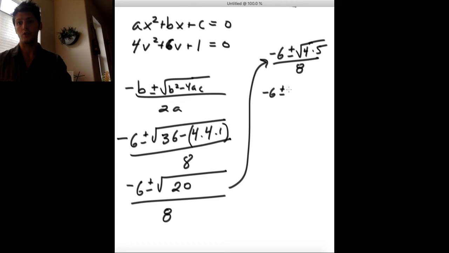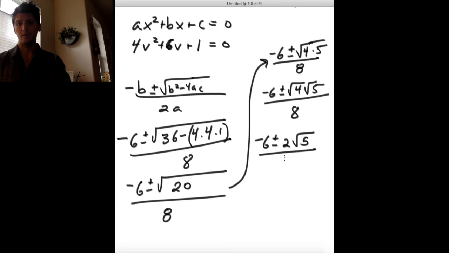Then you could rewrite the 4, not reduce it, as 2 root 5, all over 8. And then you could say, well, that's negative 3 over 4 plus or minus 2 over 8, which is the same thing as just 1 over 4. And then the 1 just doesn't need to be written.